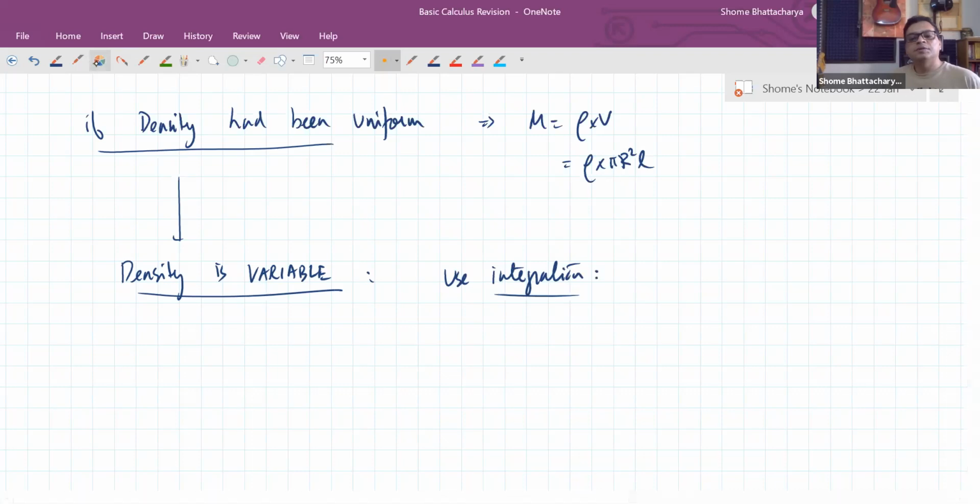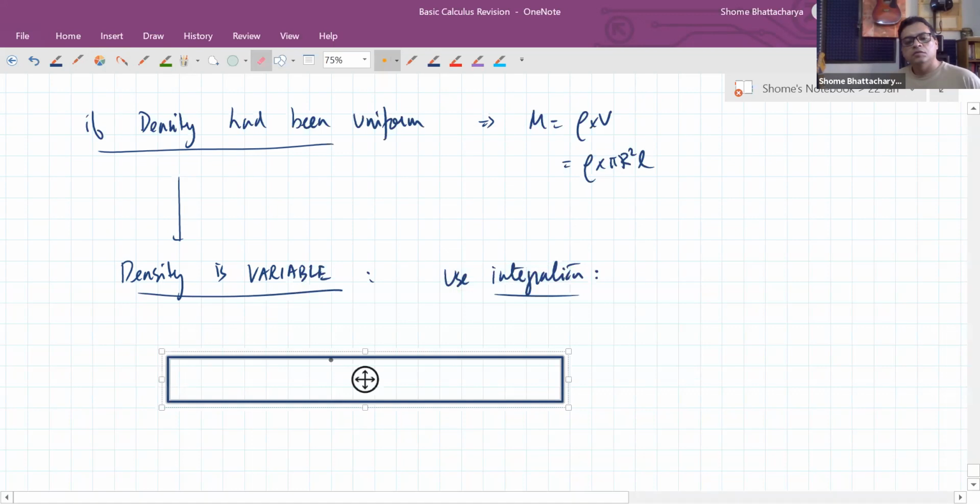Application of integration, what we will do is slices like this. We have sliced it over here. We've taken a thin section of the cylinder of thickness dx, which is at a distance of x from this end.